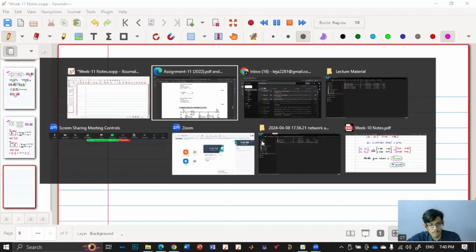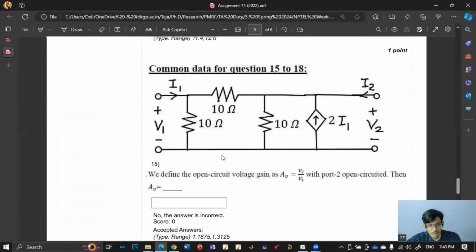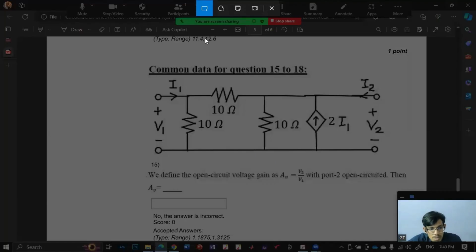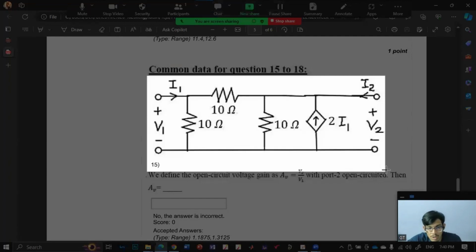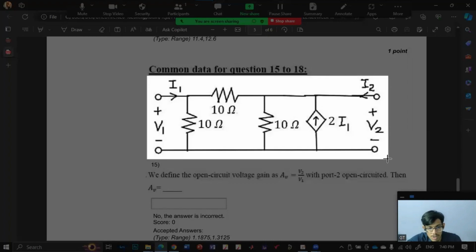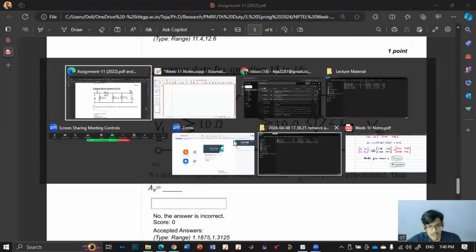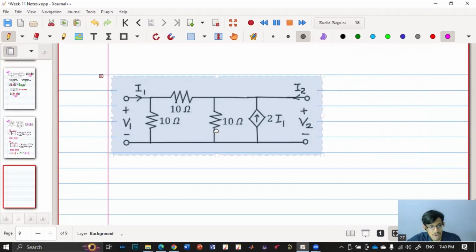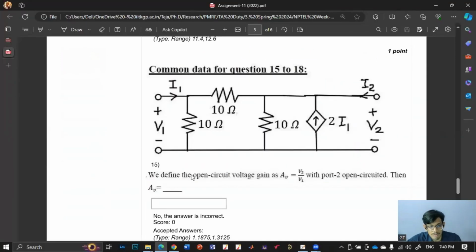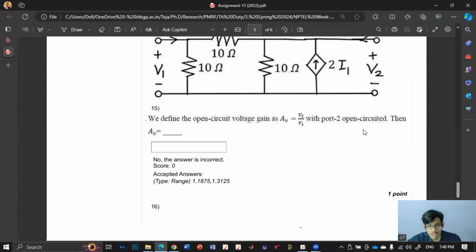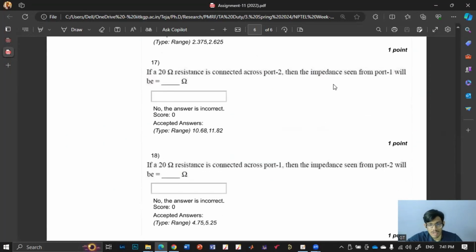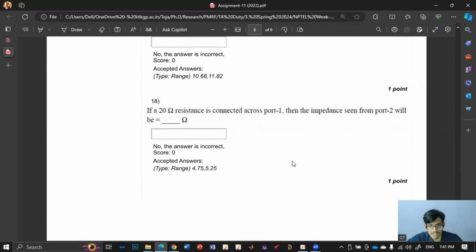Now let us go to problem four. In problem four, they are asking V2 by V1 when port 2 is open circuited, and minus I2 by I1 when port 2 is short circuited, and the impedance seen from port 1 and the impedance seen from port 2.